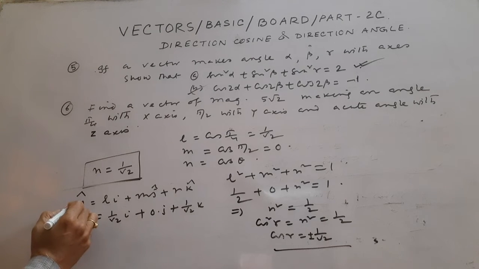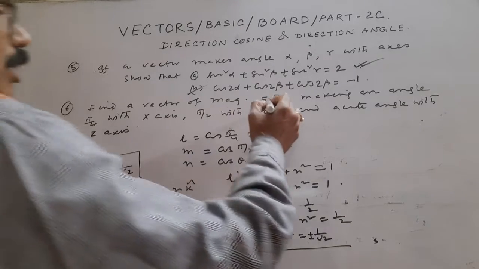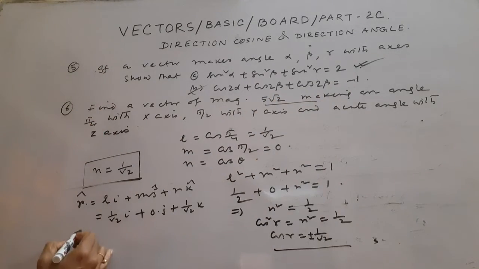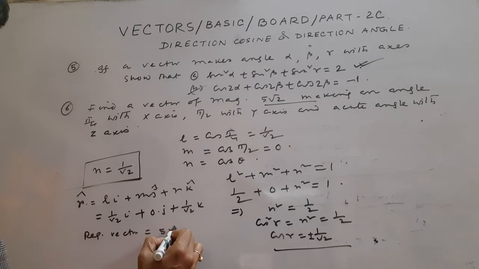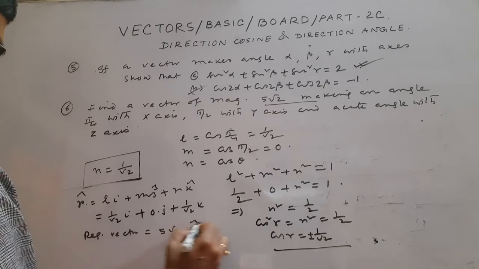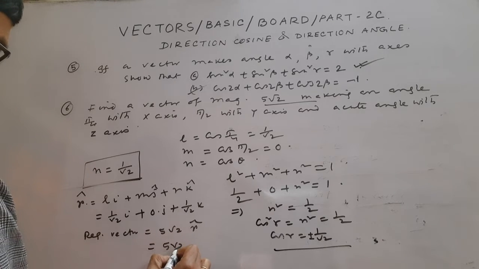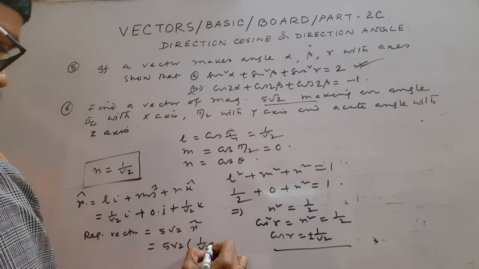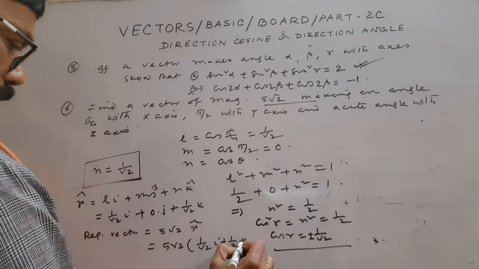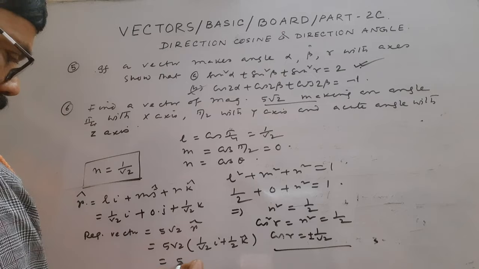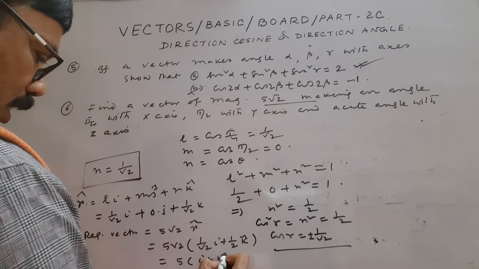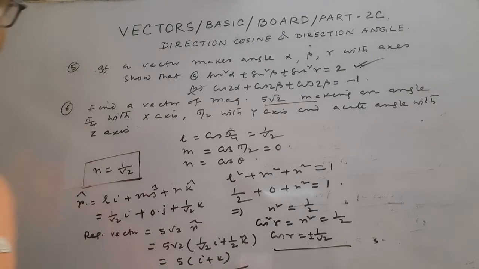Now what is our required vector? A vector of magnitude 5 root 2. So the required vector equals 5 root 2 into r cap, which is 5 root 2 into 1 by root 2 i plus 1 by root 2 k. So 5 into i plus k. This will be our final answer.